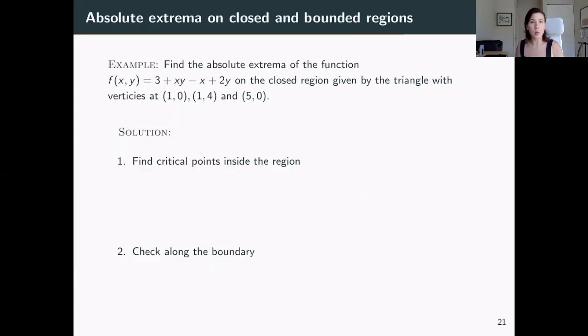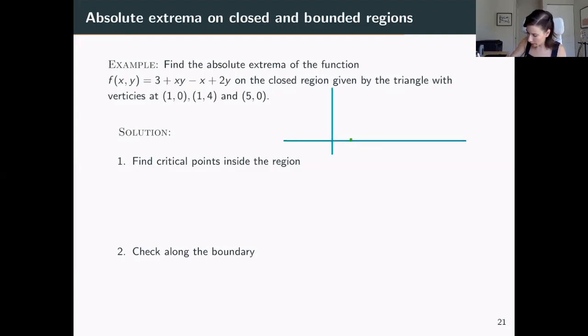In this example, we're going to apply those complicated steps from the previous slide. Here we're looking at this polynomial function f of x, y in a closed region defined by these three vertices of a triangle. First, it will be helpful to draw out our region. We can plot this region in the xy plane.